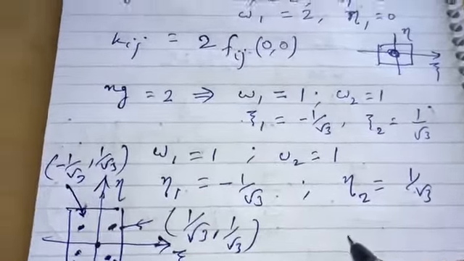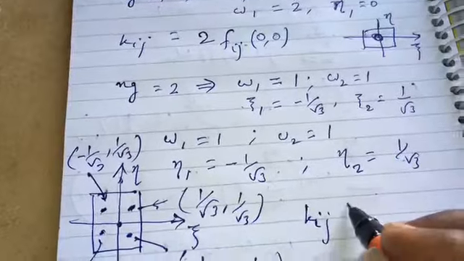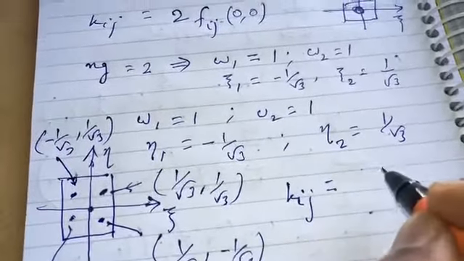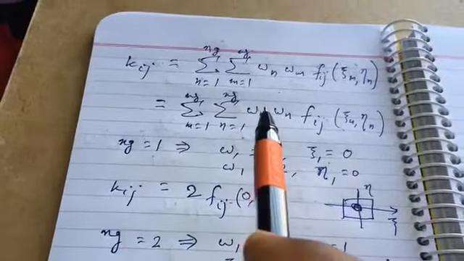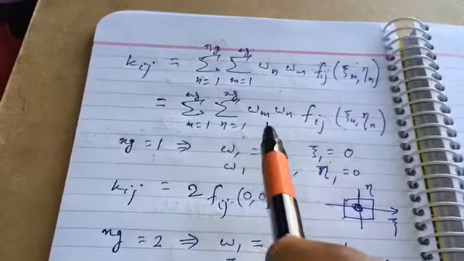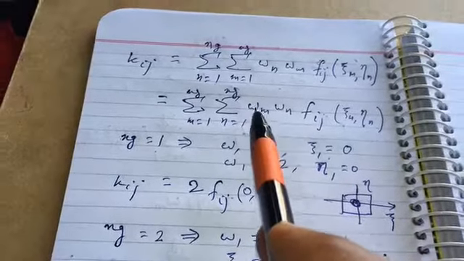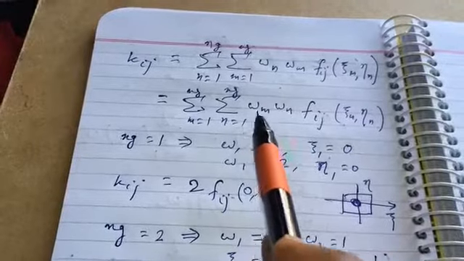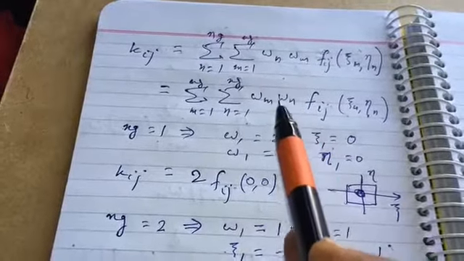So, hence the Kij we can write as, going back here, W1 times W1, then W1, W2, then W2, W1, then W2, W2.